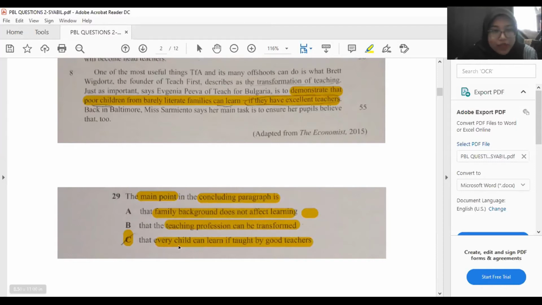And lastly, every child can learn if taught by good teachers. From here we can see that it says children from barely literate families can learn if they have excellent teachers. So it explains that children can learn if they are taught by excellent teachers. Excellent teachers refer to good teachers. So the answer is C.